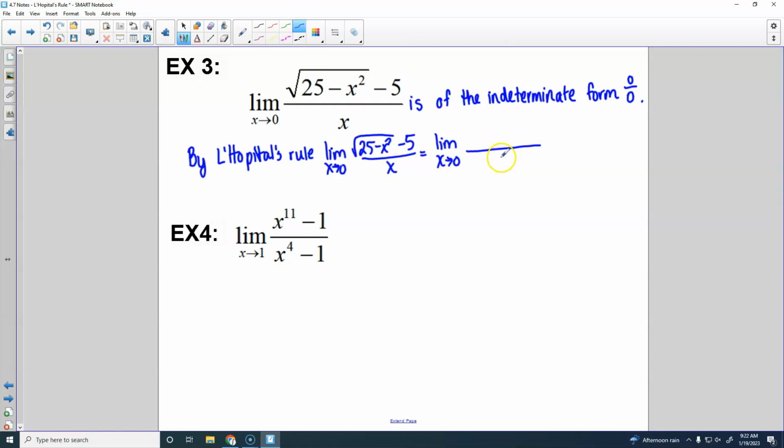On the bottom, what am I going to get? 1, which is good because now I'm not going to get 0 over 0 quite as easily without having the x in the bottom. If I'm taking the derivative of this, this is like to the 1/2 power, so I get 1/2 times 25 minus x squared to the negative 1/2, times the derivative of the inside, which is negative 2x.